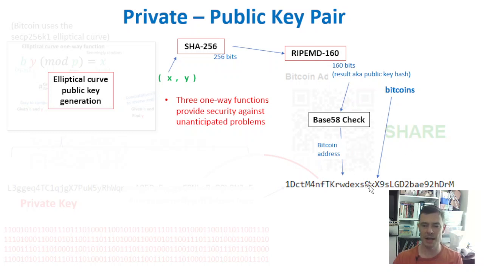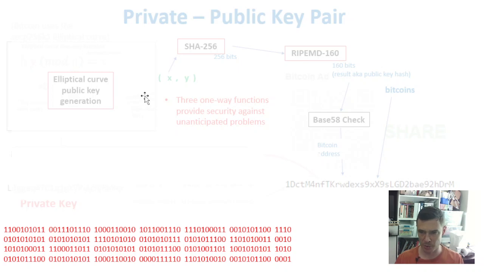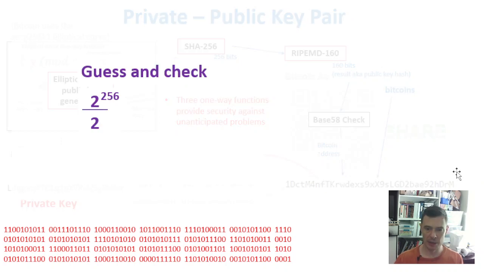So when you give this address to the public world, when it goes to the blockchain and it's available to everybody, the link from this back to your private key has three powerful, unique encryption techniques. And really the idea of this is to future-proof these. And let's recall also the brute force option: if you want to determine this number given this number, you'd have to guess and check about 2 to the 256 times, divided by 2.